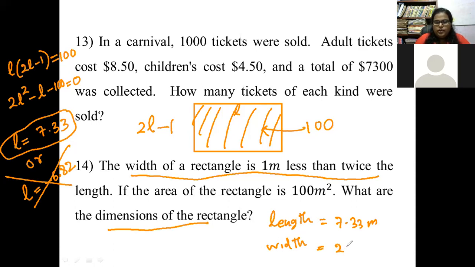You know that it is 2L minus 1. So 2 into 7.33 minus 1 should be the answer. So 2 times 7.33 equals 14.66, minus 1. So the answer for this one is 13.66, the width of this one, right? Okay, then we'll see the next question quickly.